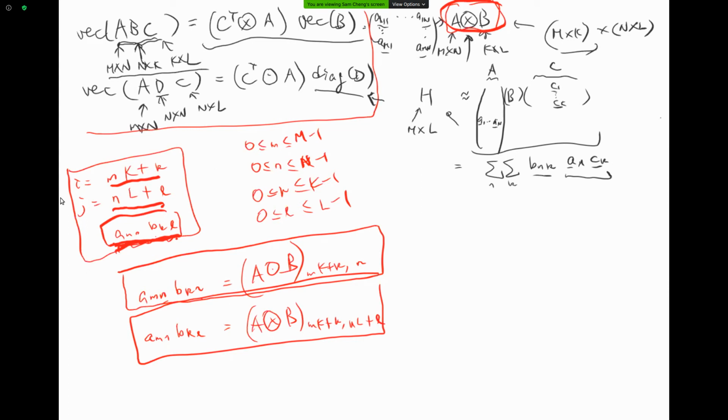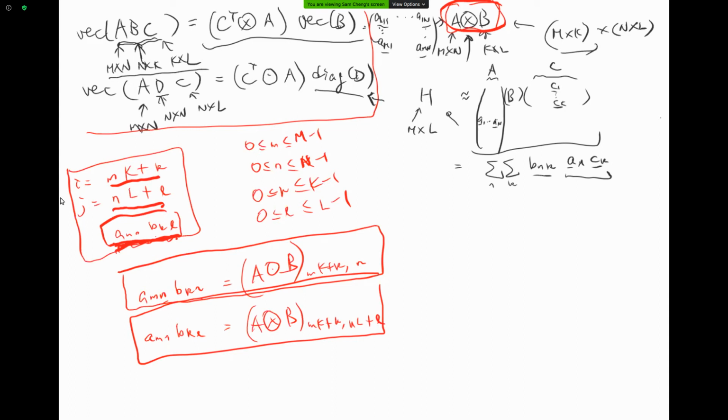Here we are assuming this rank 1 matrix basis, and we want to look at how H can be decomposed as a weighted sum of these rank 1 matrices.